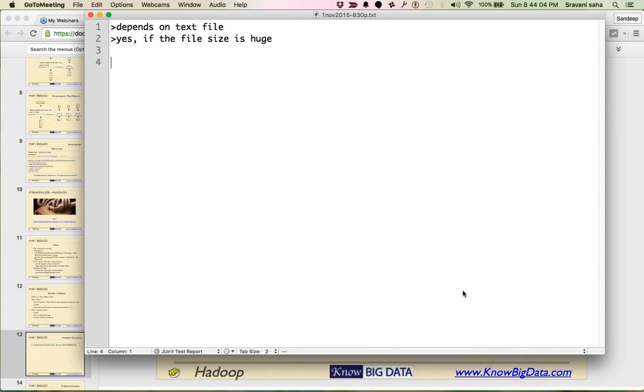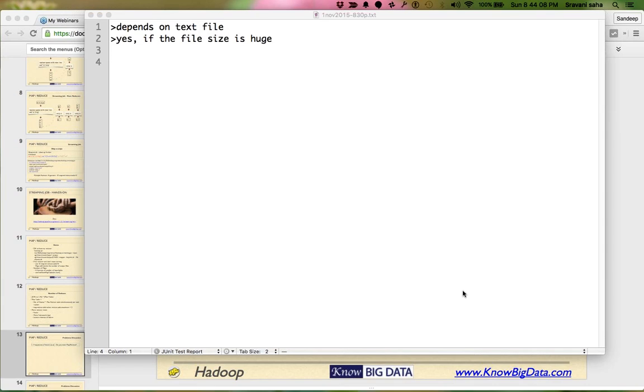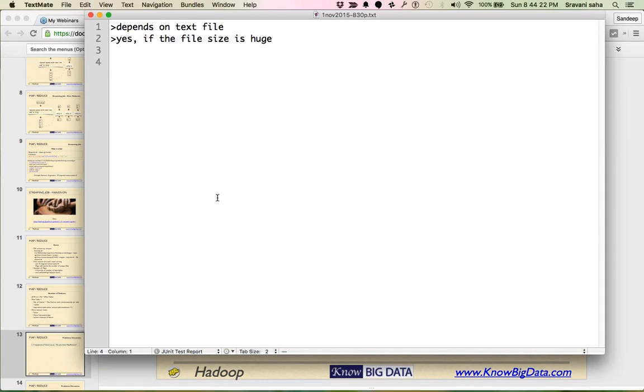Okay, so my further question is how much data, how big a file, or let me rephrase, at what size of the file should we move to MapReduce?